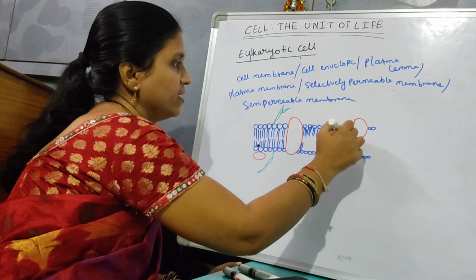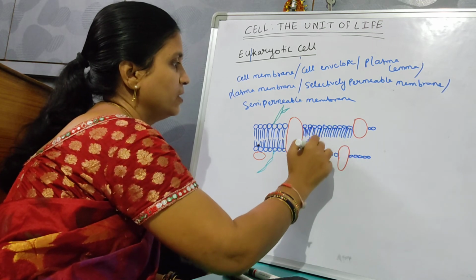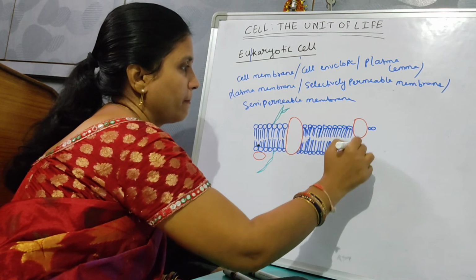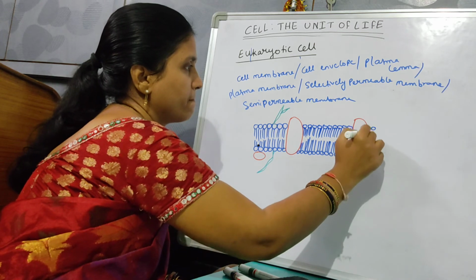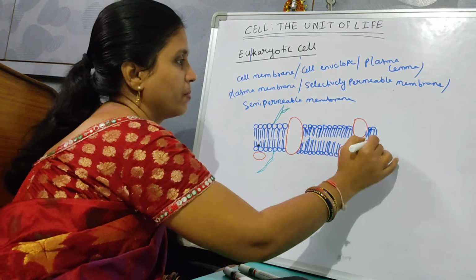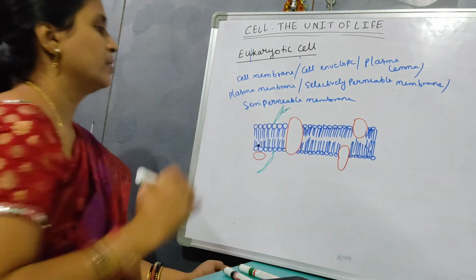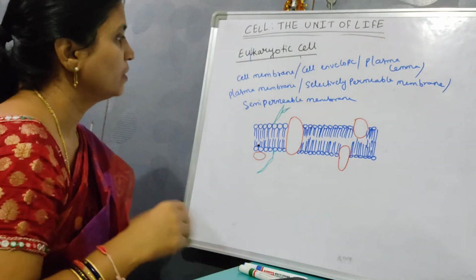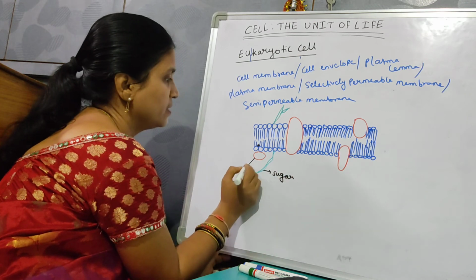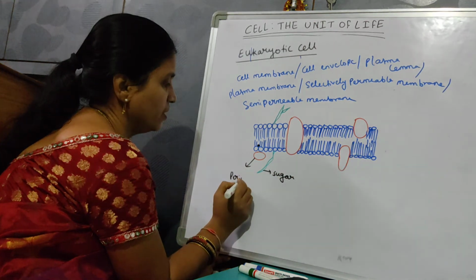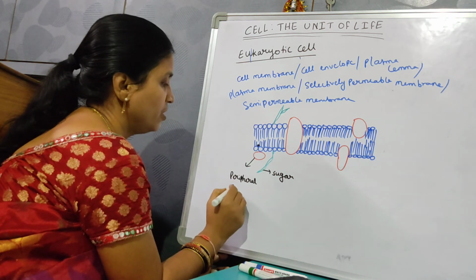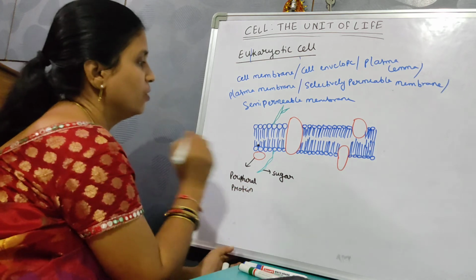These are the tails, hydrophobic tails. So what is this? This is a sugar. This is a peripheral protein, which is just floating on the bilipid layer. What is this?